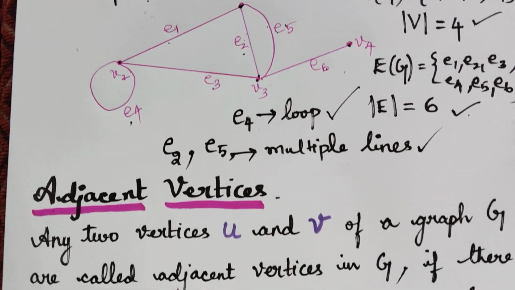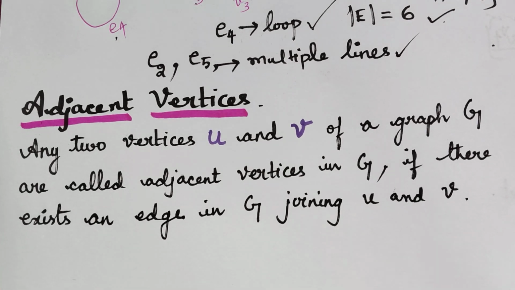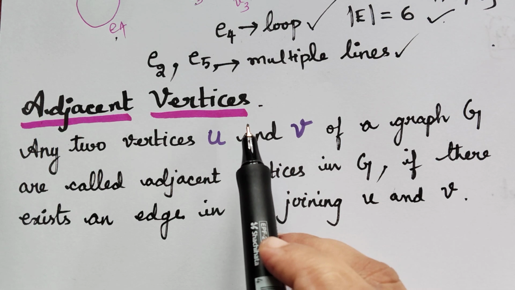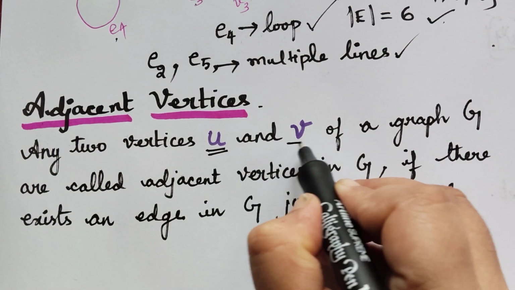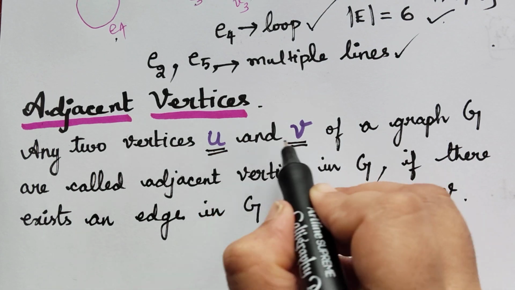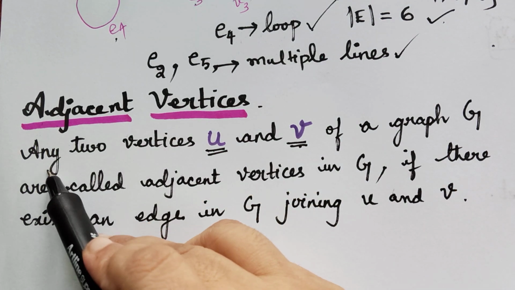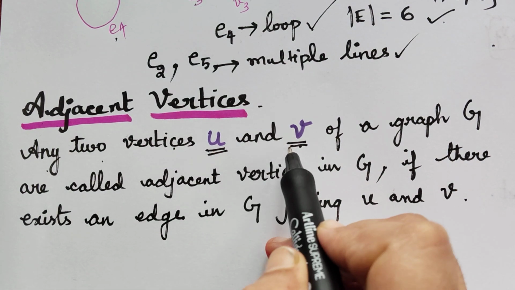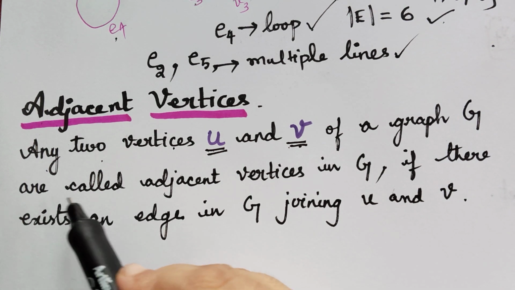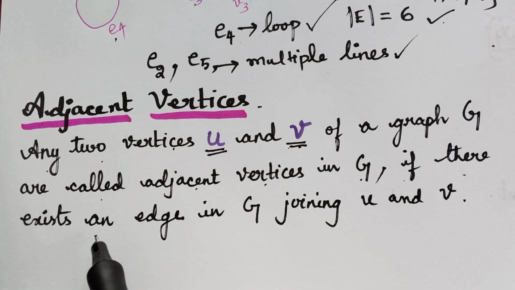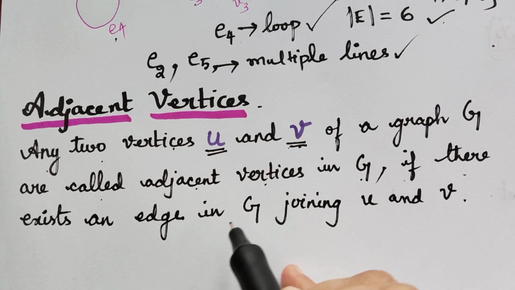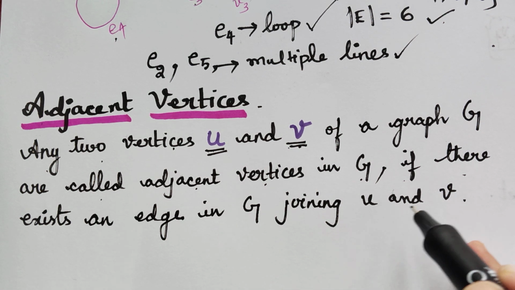Next we are going to learn about adjacent vertices. What are adjacent vertices? If in a graph you have vertices u and v, when are they said to be adjacent to one another? Any two vertices u and v of a graph G are called adjacent vertices in G if there exists an edge in G joining u and v.